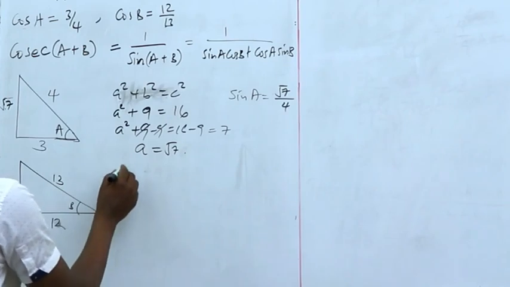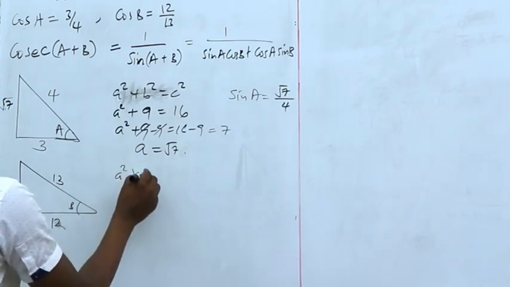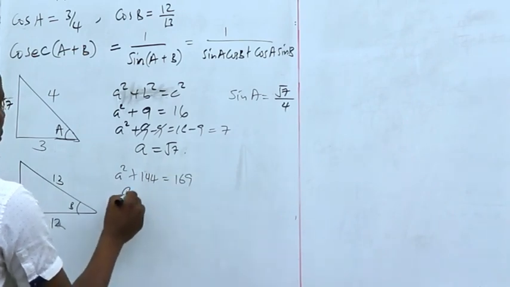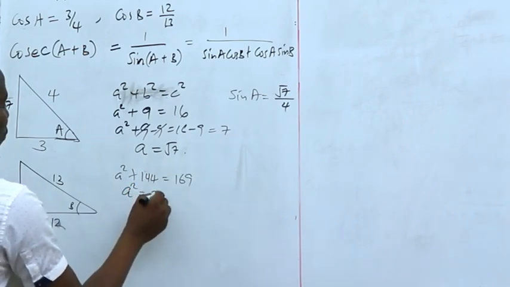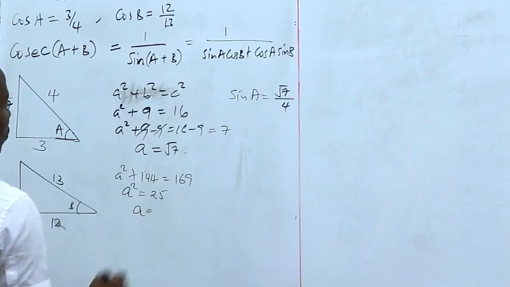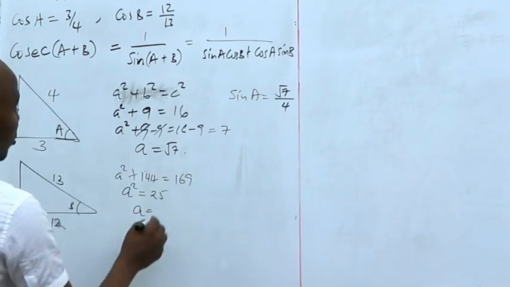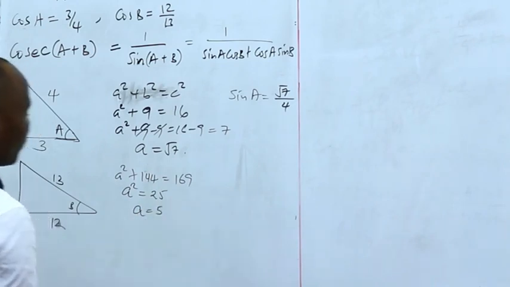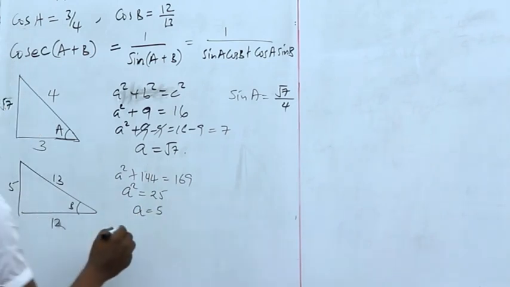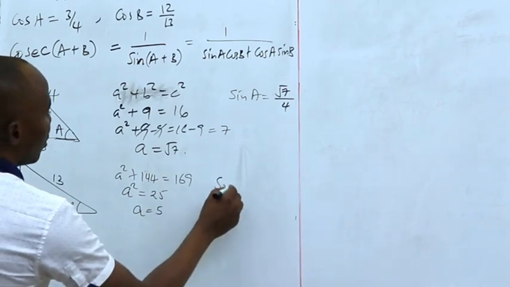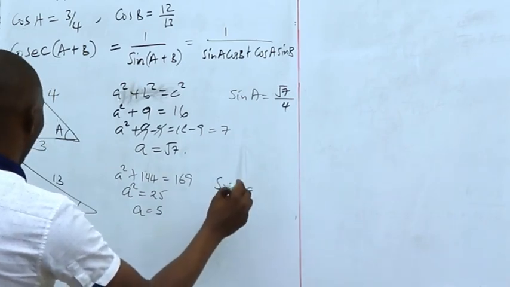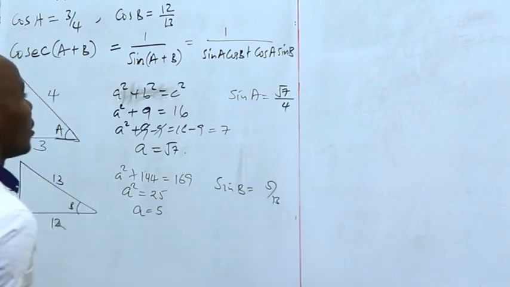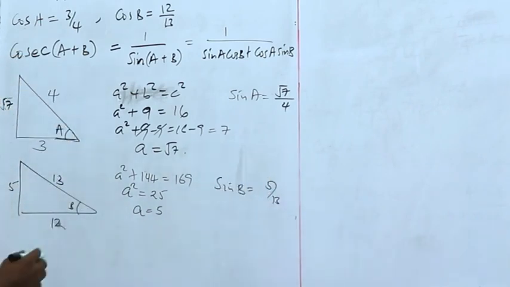So still a squared plus 144 is equal to 169. So a squared will be 25 and A will be 5. So we have a 5 here. Therefore, sine B is 5 over 13. So you can go and substitute there.